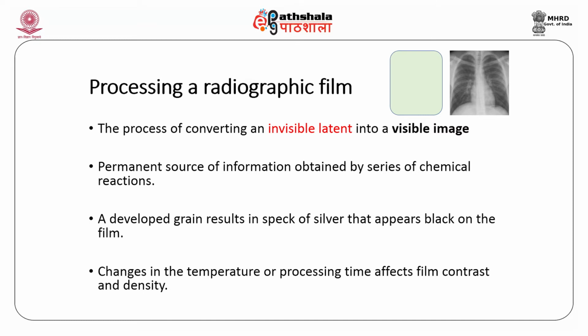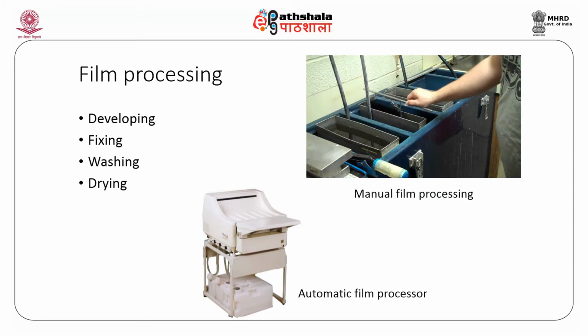When we develop, the developed grain results in a speck of silver that appears black on the film. Changes in temperature or processing time affect film contrast and density. You can look at that figure. It shows the way in which manual film processing is done. It is also possible to do this using an automatic film processor.